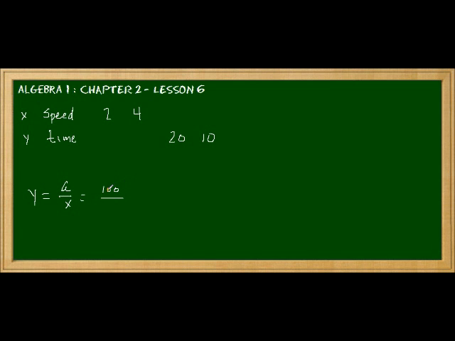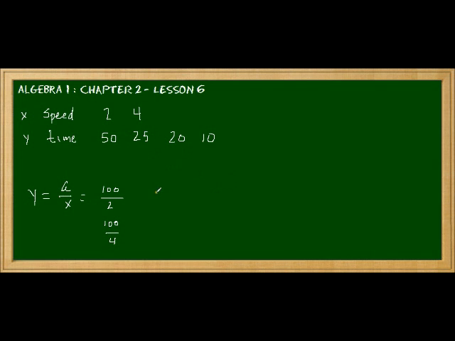The constant is 100. So let's take a look. For 2, I would put the x value in, right? And that would be 100 divided by 2 would be 50. If I were to put in 4, 100 divided by 4, well, that would be 25.